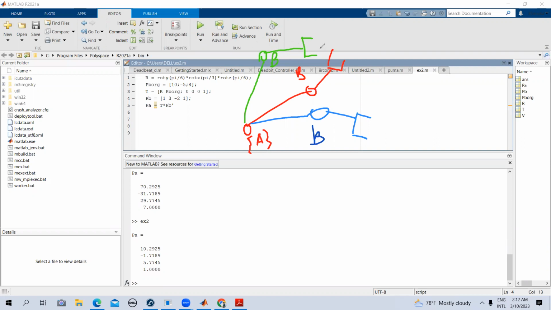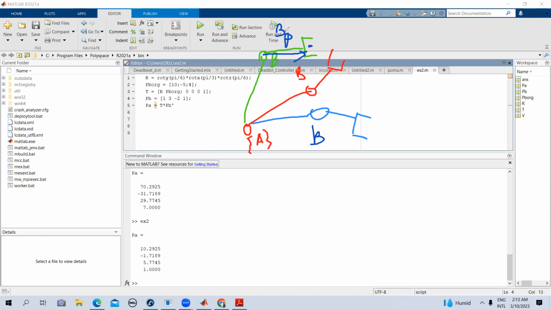If you are intending to find this particular point, the middle of the gripper here, and you know this particular vector, which is the position of this point with respect to B, and you know the B frame origin with respect to A, then you can initially compute the transformation between these two.